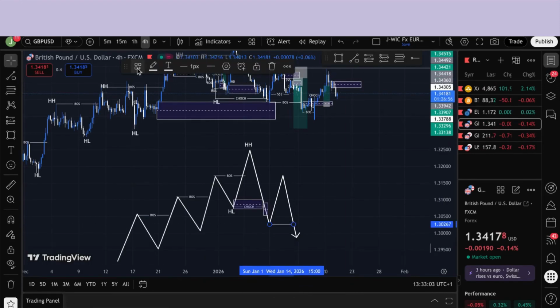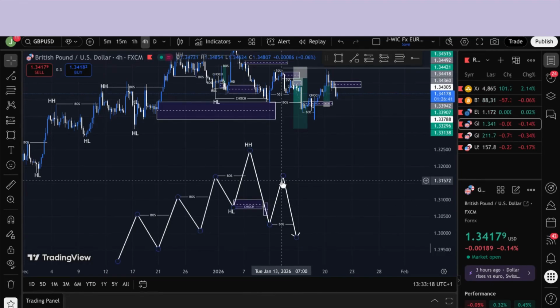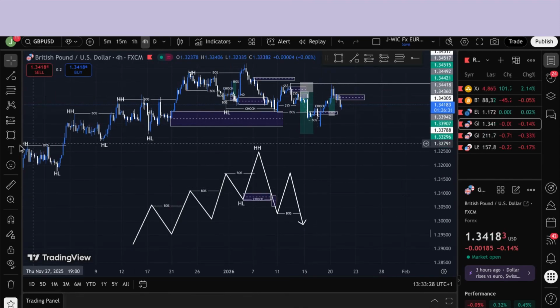Now, your mind should be relaxed that this market has made a change of character. So from higher high and higher low, you'll now be having lower high and lower low. That's simply what we call a market change of character.